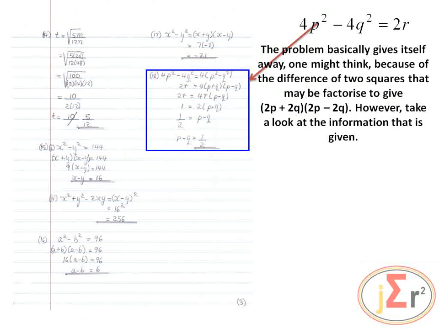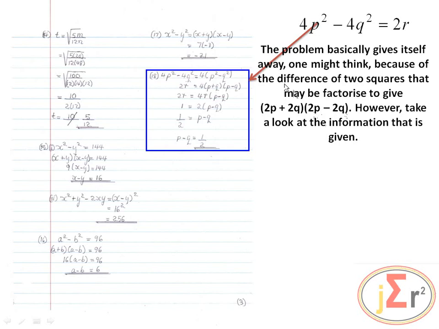The problem basically gives itself away, one might think, because we may factorize this in the form of a difference of two squares to give 2p plus 2q as one factor, and the other factor is 2p minus 2q.